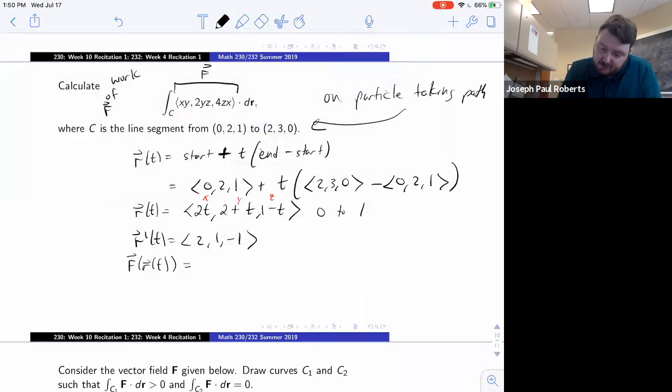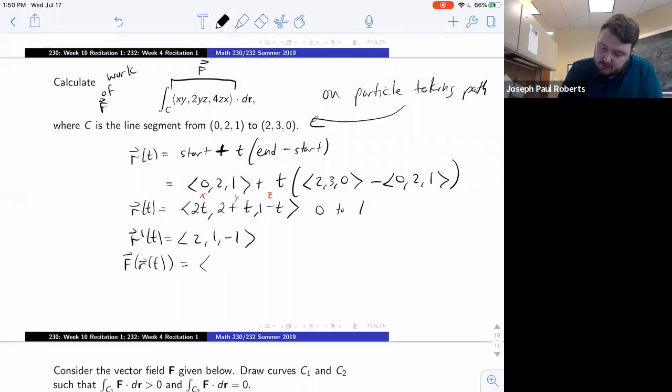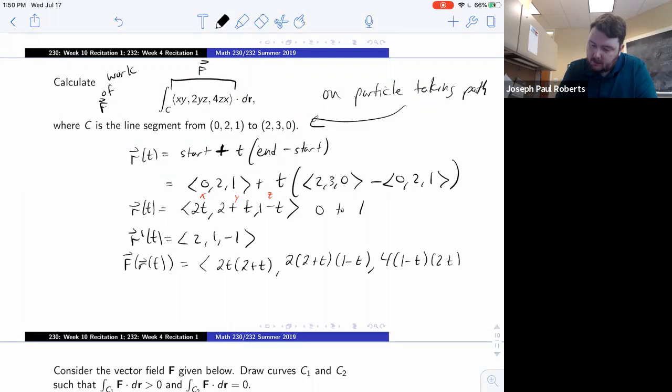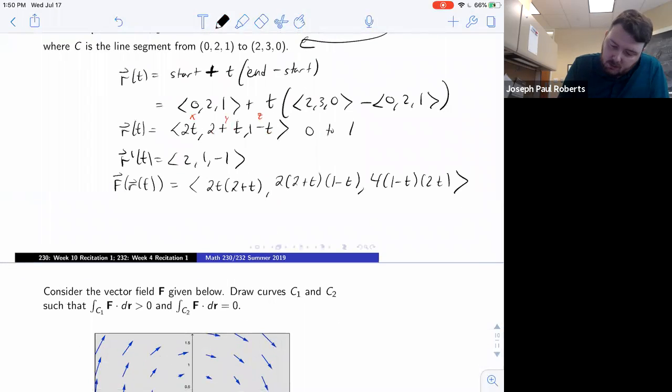So F is (xy, 2yz, 4zx). And so basically you do the integral from 0 to 1 of F of r of t dot product r prime of t.